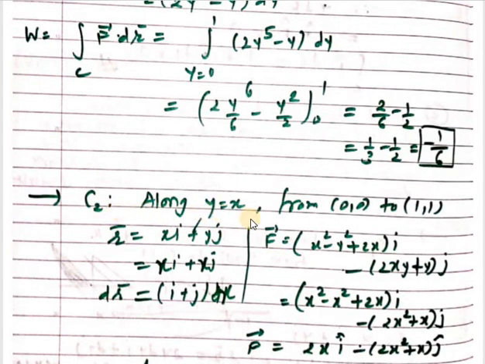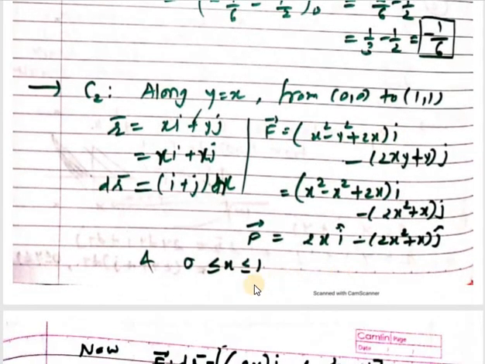Here along the line y is equal to x from (0, 0) to (1, 1). So r bar is there, y is replaced by x, dr bar will be in terms of x, and f bar we will again represent in terms of x. So we can observe that all the vectors as well as dr bar are in terms of x, so here we will take the x coordinate for the limits, that is 0 to 1.